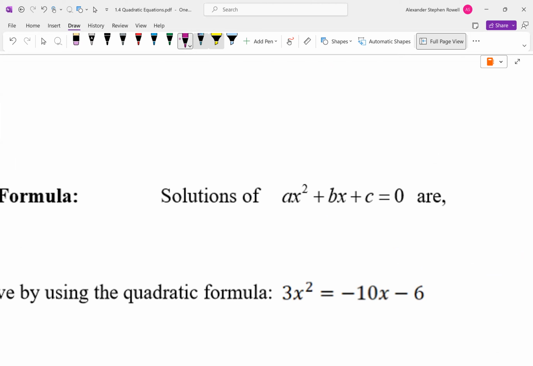What if I subtract c from both sides? What if I divide both sides by a? What if I go through all that process? Can I solve for x? The answer is yes. And you know what you end up with? Yes, the quadratic formula.